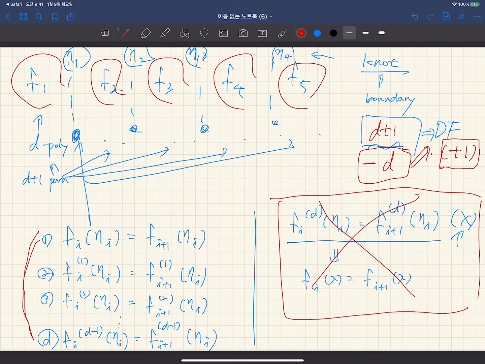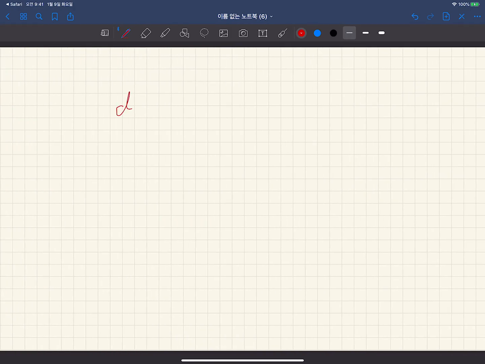Okay, so in total, the degrees of freedom of your spline method with a degree d polynomial is as follows.